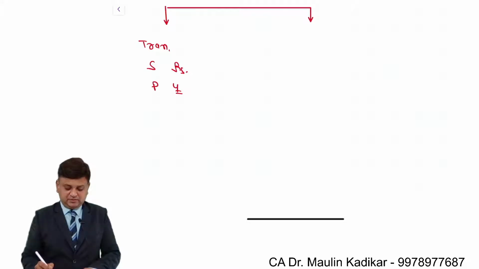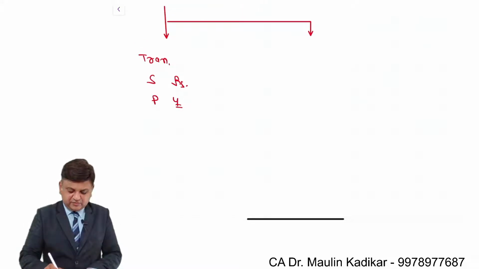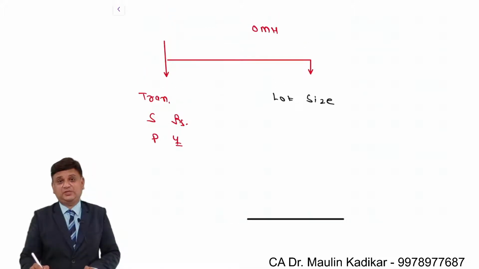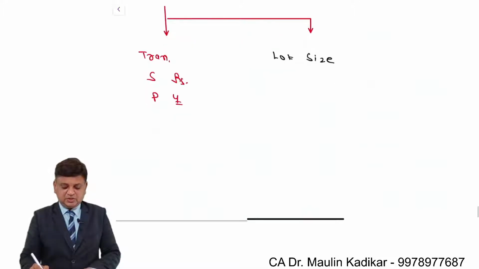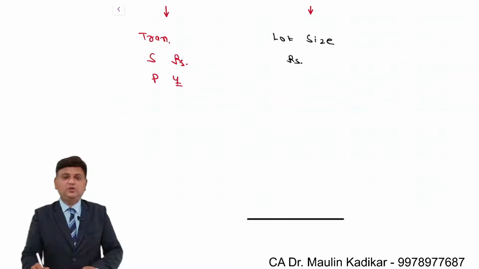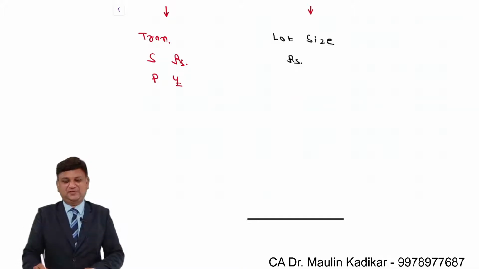The second thing on which you have to pay importance is lot size. You can see that the question is not providing the lot size. So in that case, the institute has made an assumption that assuming the lot size is in your home currency, you have to make the calculation of answer.